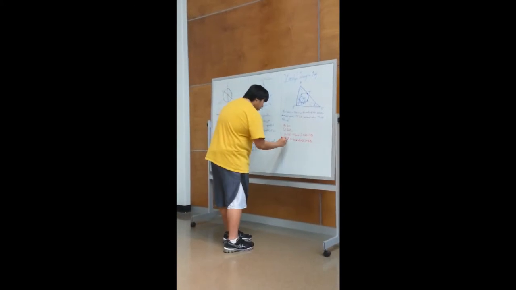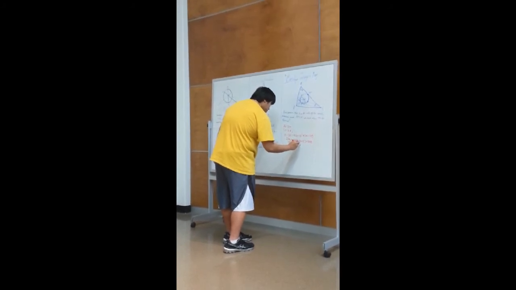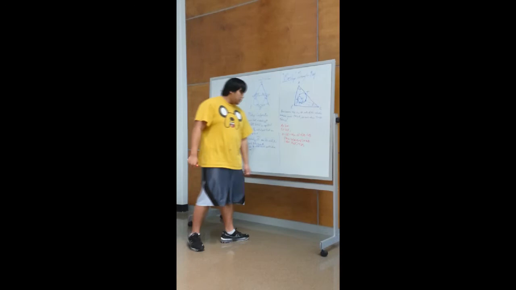So now we have 180 minus 2 times 60, plus 2 beta.